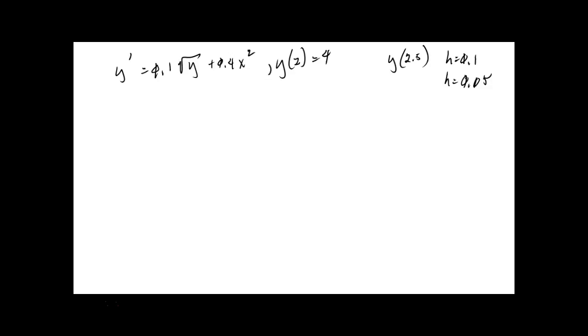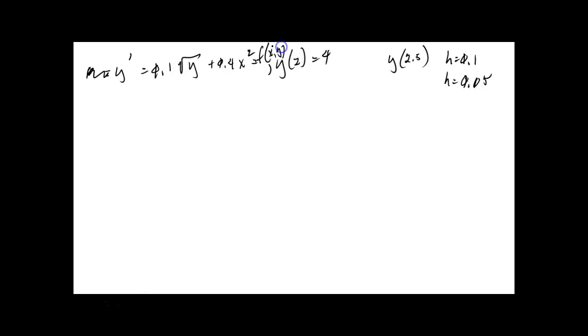So let's do our first step. This is our f of x, y. And x0 is equal to 2, y0 is equal to 4.